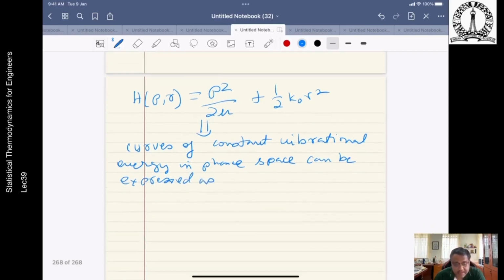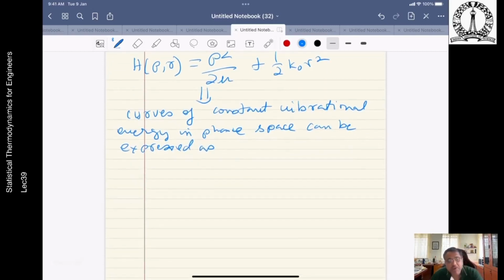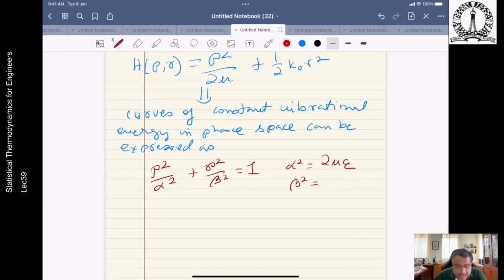The curves of constant vibrational energy in the phase space can be expressed as p squared over alpha squared plus q squared over beta squared is equal to 1, where alpha squared is equal to 2 mu E and beta squared is equal to 2E over k.